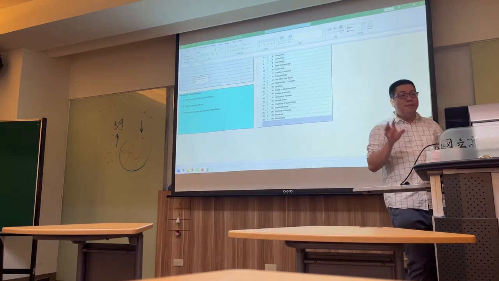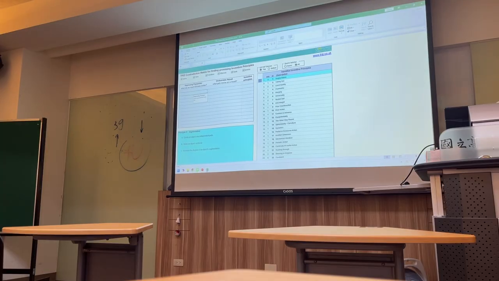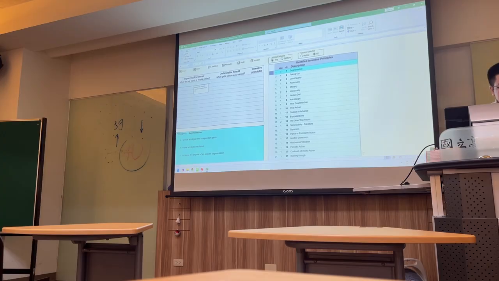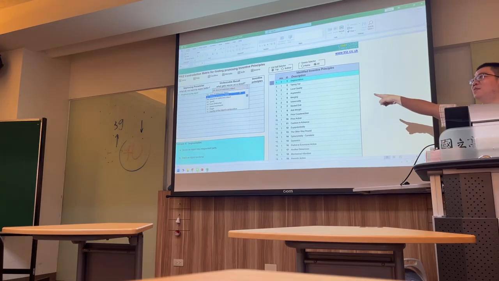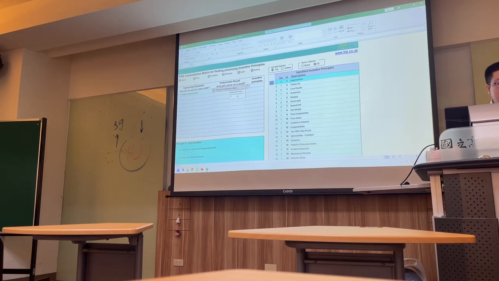I'll just make an example. Here is the improving parameter. It means what do you need to make better? For example, I choose the first, weight of moving object, as the parameter to improve. And at the same time, I want to reduce number 6. There is no principle here.